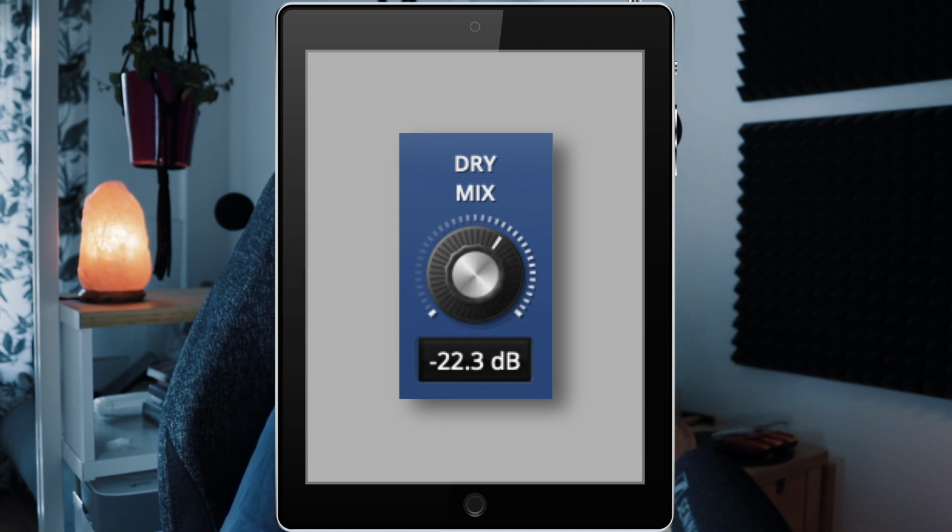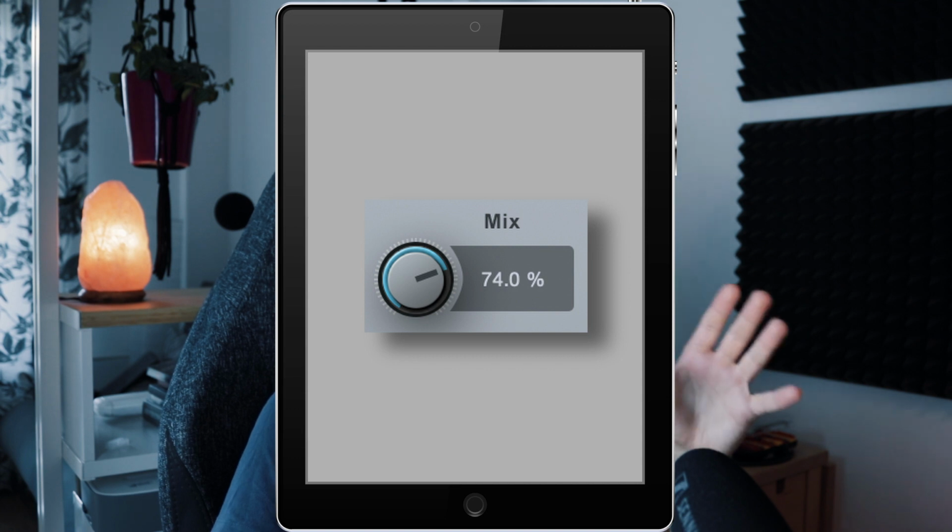But today is really about why those knobs are different. One knob is changing the phase, and this is the dry knob where we dial in the dB, and the other knob, the mix knob, is not changing the phase.